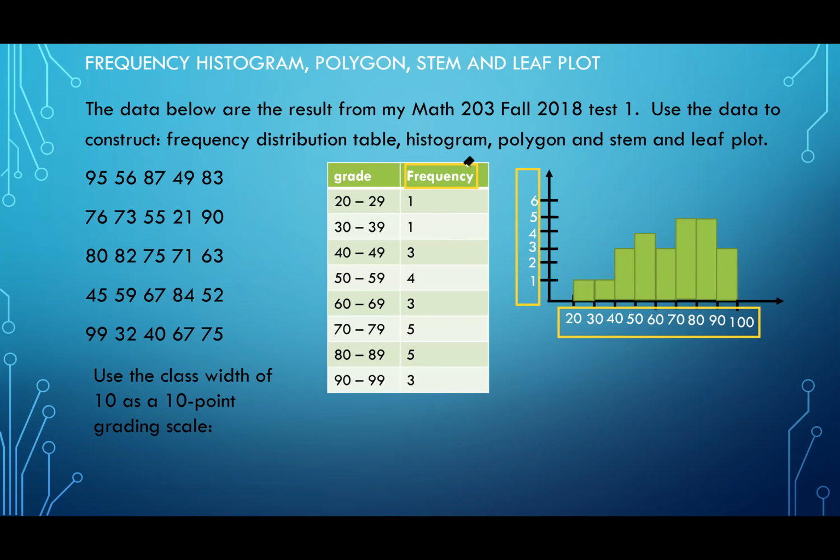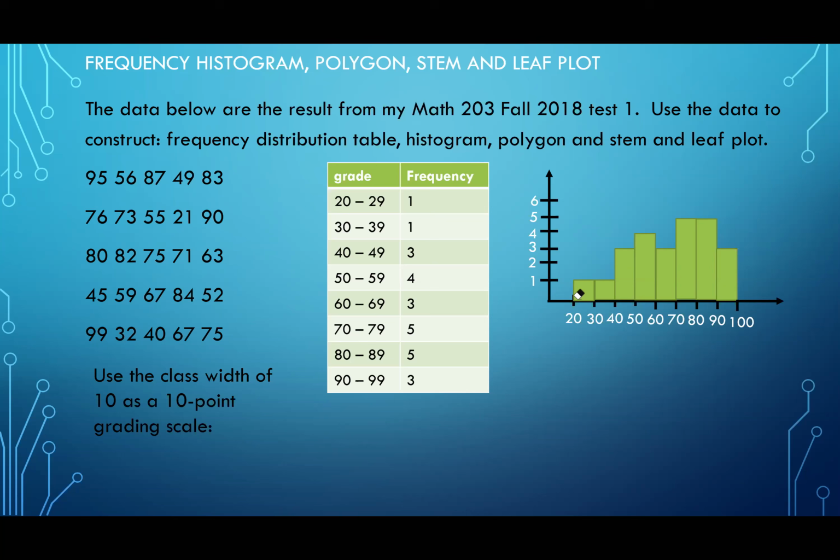Looking at this, this is the unique thing about your histogram. Your bars, your boundaries, have to touch each other. If they don't touch each other, meaning if your bars have a gap, then we call that a bar graph. The histogram, your boundaries, they will touch each other. Basically, you just tell from 20 to 30, how frequent does your data appear?